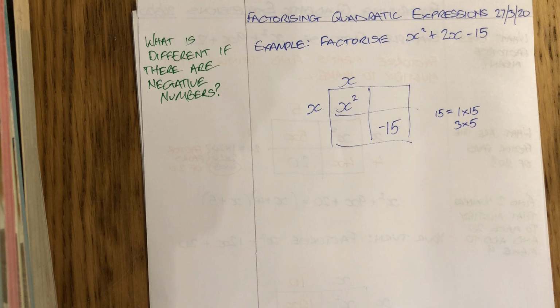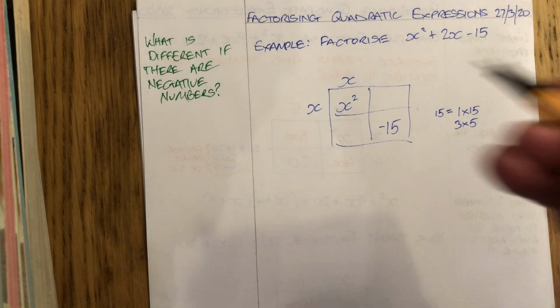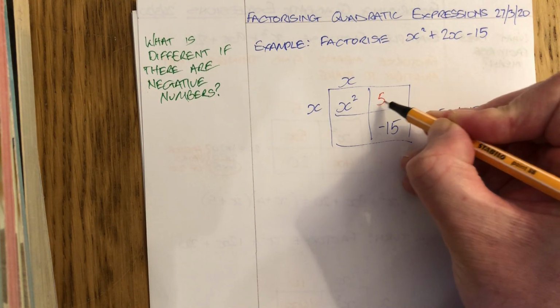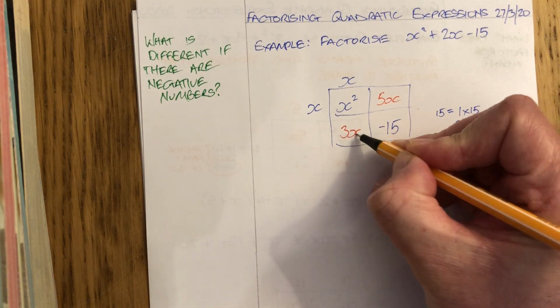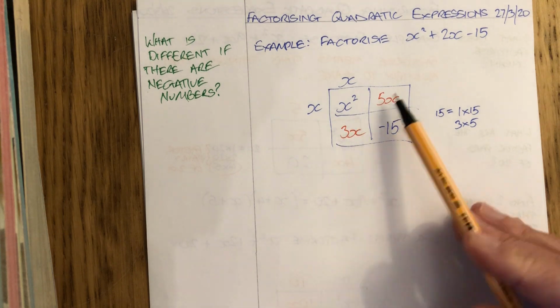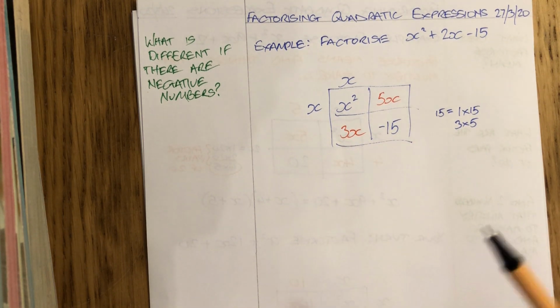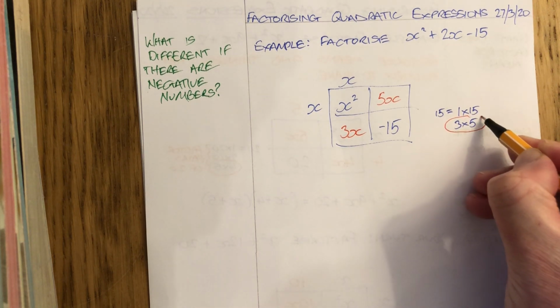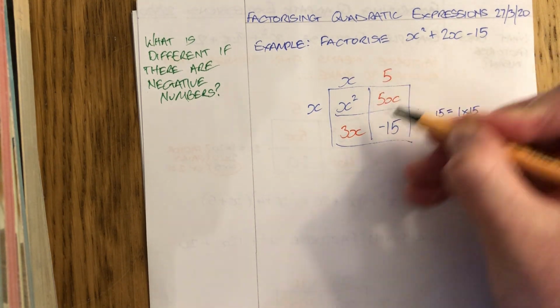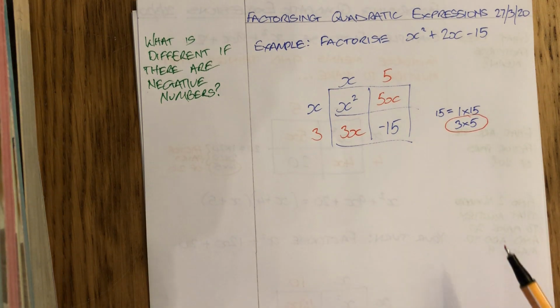And what I'm going to tell you is that 5x and 3x, we can use these. One of them will be positive, one of them will be negative. Okay? So it's going to be a 5 here, and it's going to be a 3 here.